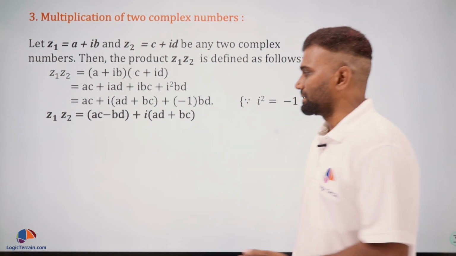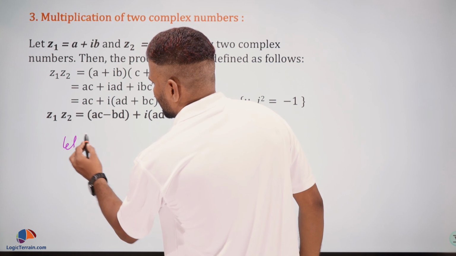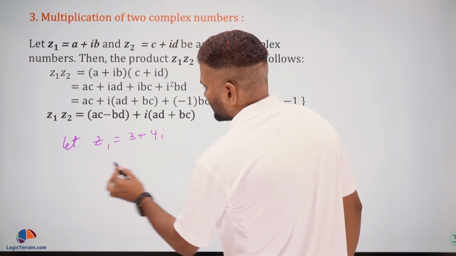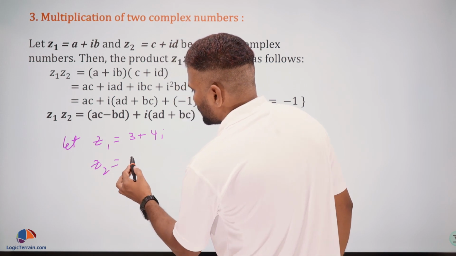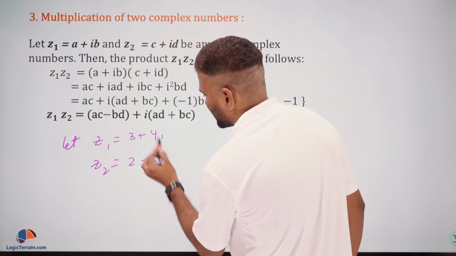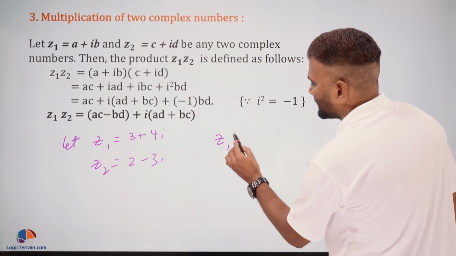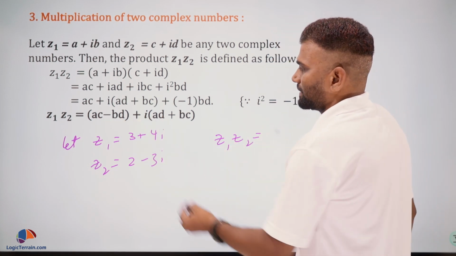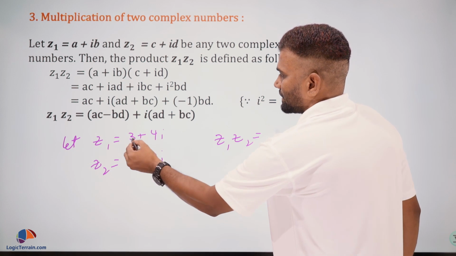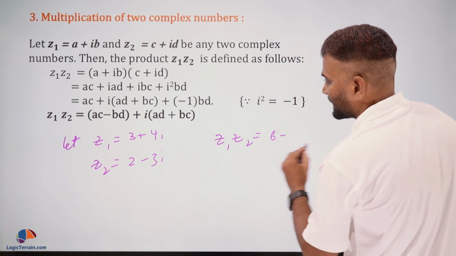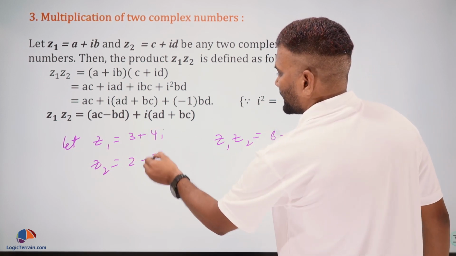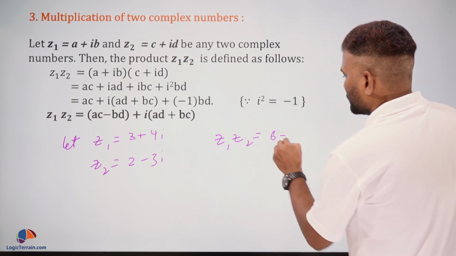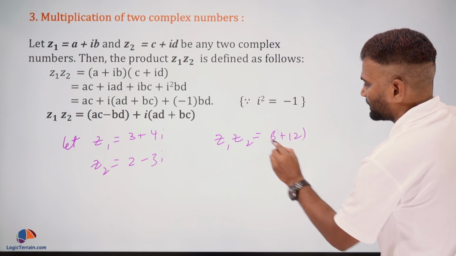Let us take one example. Let z1 = 3 + 4i and z2 = 2 - 3i. Then z1 into z2 is equal to ac - bd. ac is 3 times 2, which is 6, minus bd, 4 into negative 3, which is negative 12; negative into negative becomes positive 12.